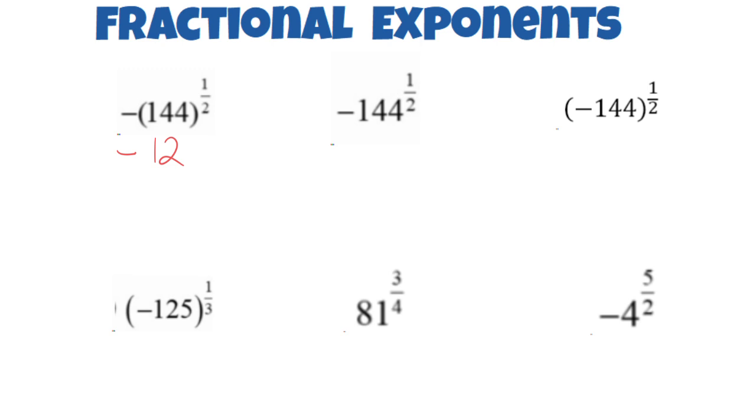This next problem is actually the exact same thing without the parentheses. Even without the parentheses, I've got to square root it first and then make it negative. The third example is the scenario where you don't do the negation at the end. It's incorporated inside the radical, so this really is a square root of negative 144.